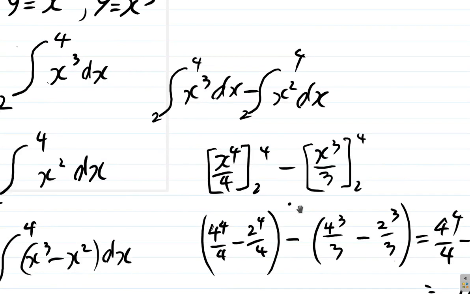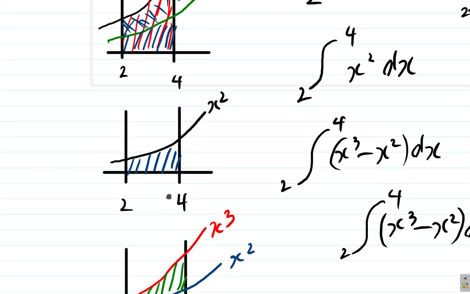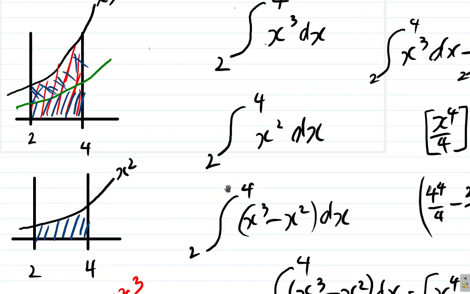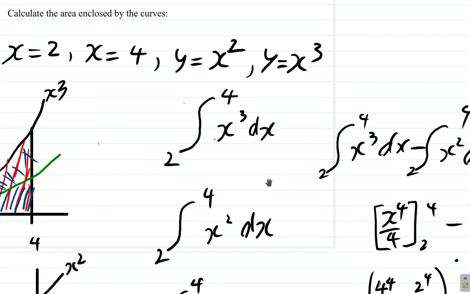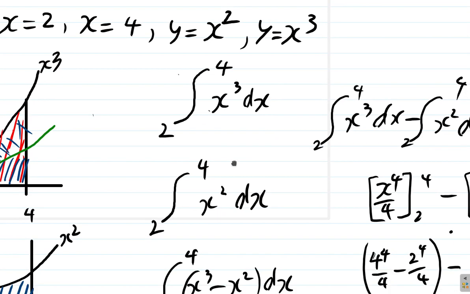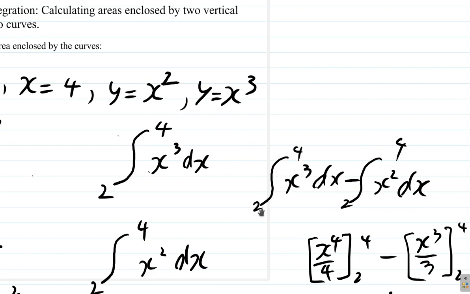Now, remember, what I did was to sketch the graphs, just to get an idea what it is we're doing. But maybe in exam, you don't have time to be sketching the graph, unless you're not sure exactly what's going on. But in exam, you could just do the integral from 2 to 4 of x cubed dx.